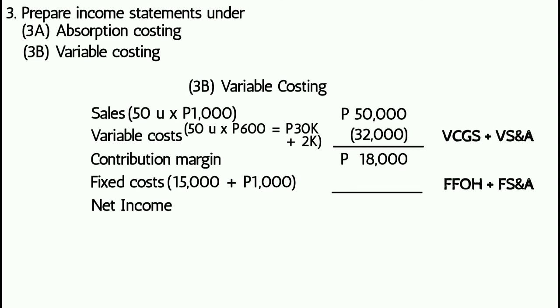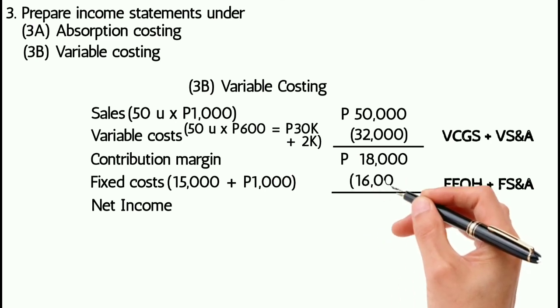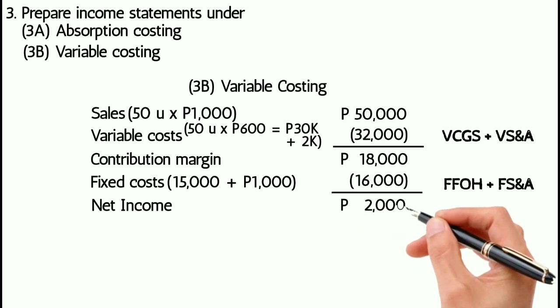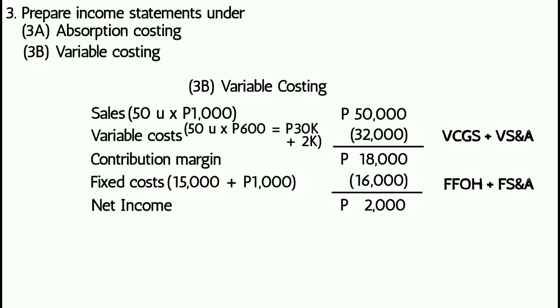So that is equal to 16,000 pesos. At this point, pwede na nating makompute yung net income. 18,000 pesos minus 16,000 pesos, that is equal to 2,000 pesos. And that 2,000 pesos is the net income under the variable costing.